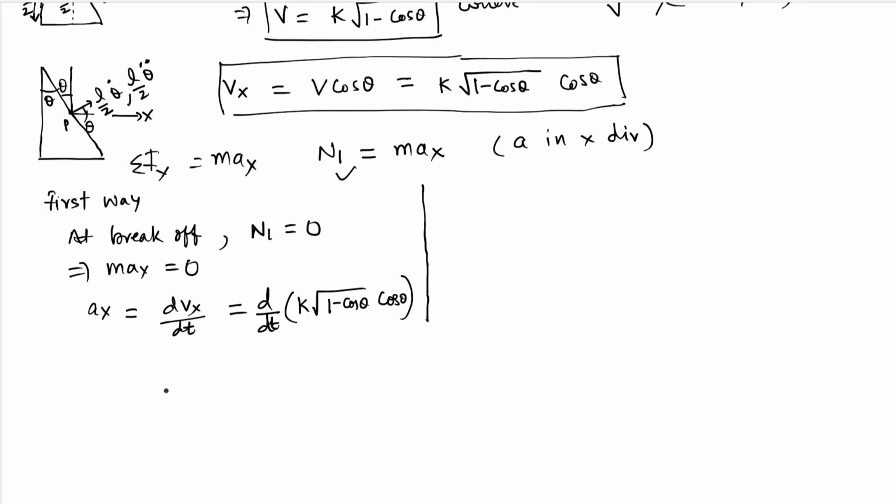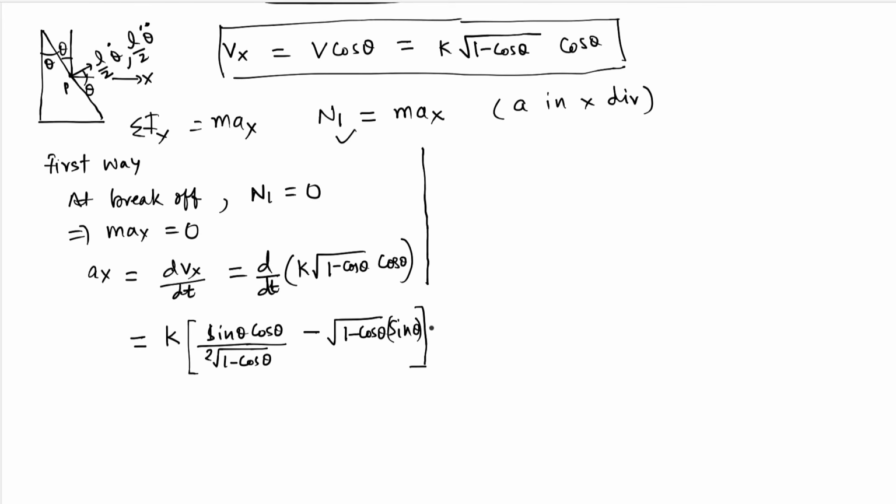Okay, differentiate this function, we can take k outside, and we get 1 by 2 root of 1 minus cos theta, sin theta cos theta minus root of 1 minus cos theta and sin theta. Okay, and then we also get theta dot, because d theta by dt will come.